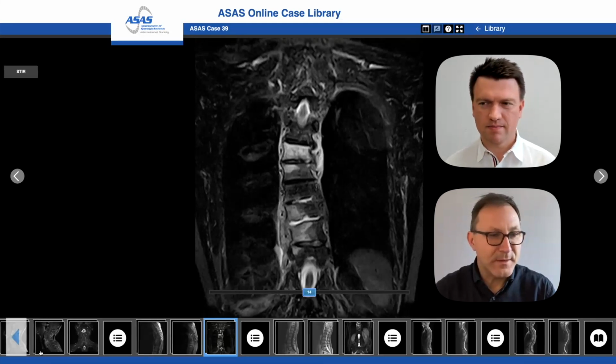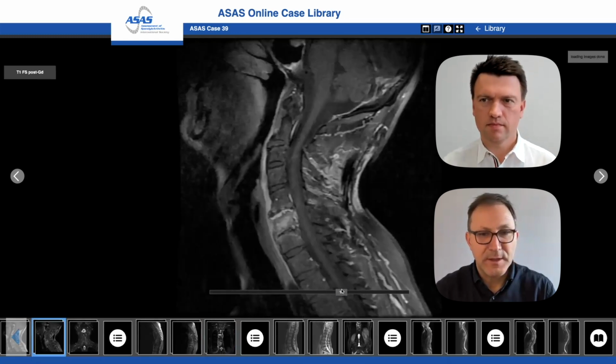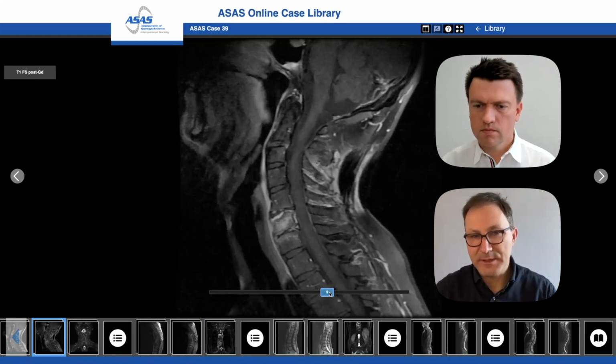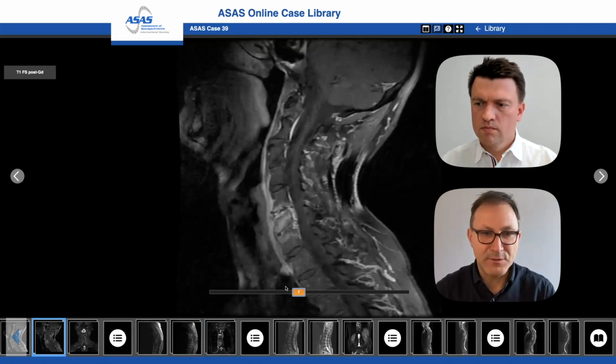I have to say, looking at the initial images, there was no other option than to get some histology or some microbacterial workup, because this very much looks like a spondylodiscitis, also due to the soft tissue manifestation here.